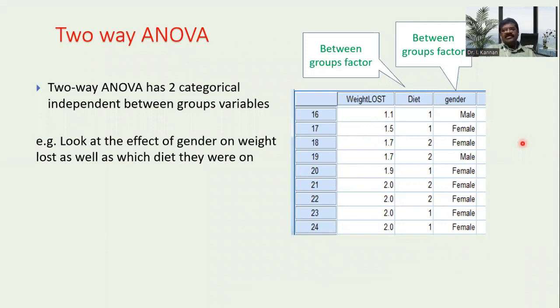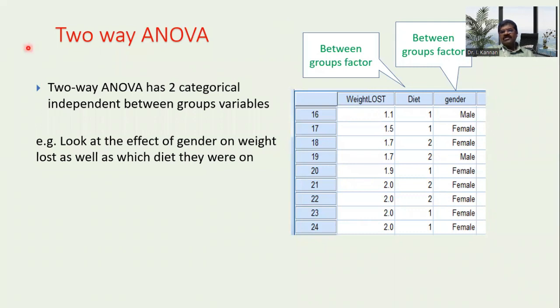The assumption is that the 2 independent variables are categorical data, and the weight loss, the dependent variable, is on a continuous scale. If your data falls into this category, then you will select the two-way ANOVA.